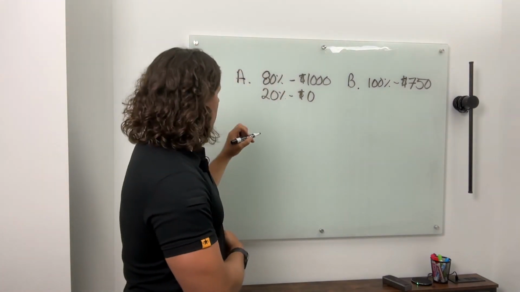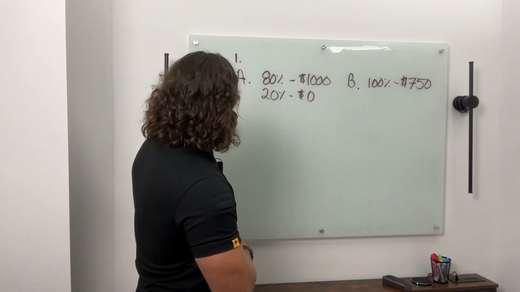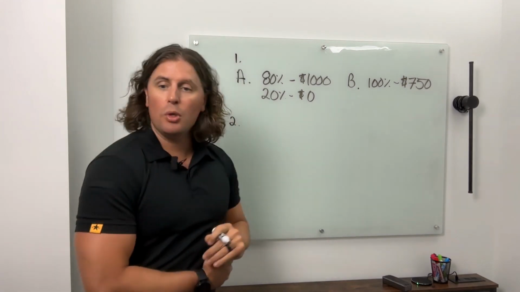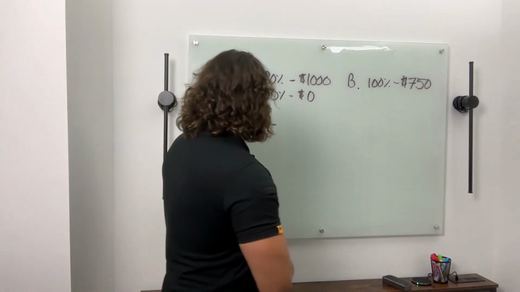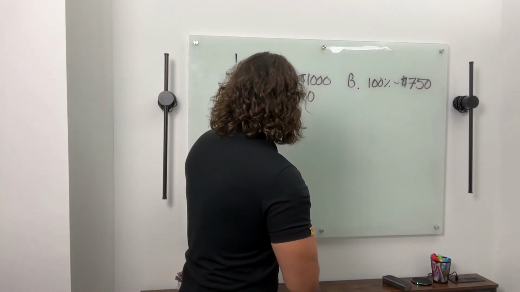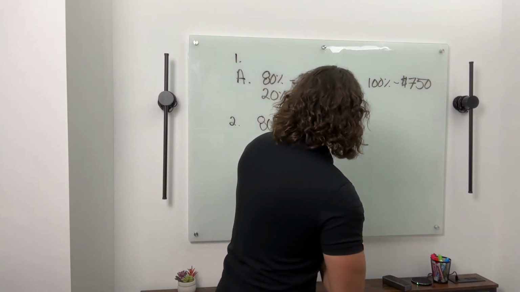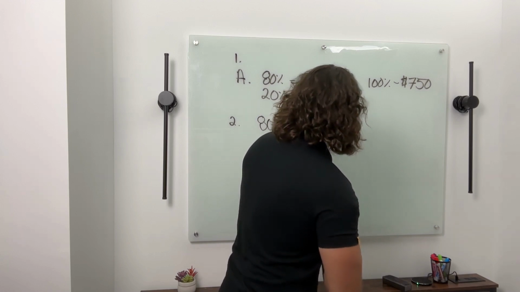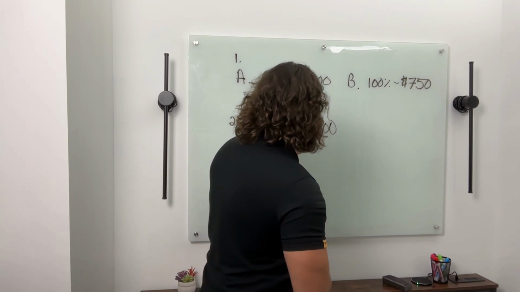Next, this is our decision number 1 and decision number 2. We're going to do that real quick. That now says there's an 80% chance of a loss of $1,000 and a 20% chance of no gain.